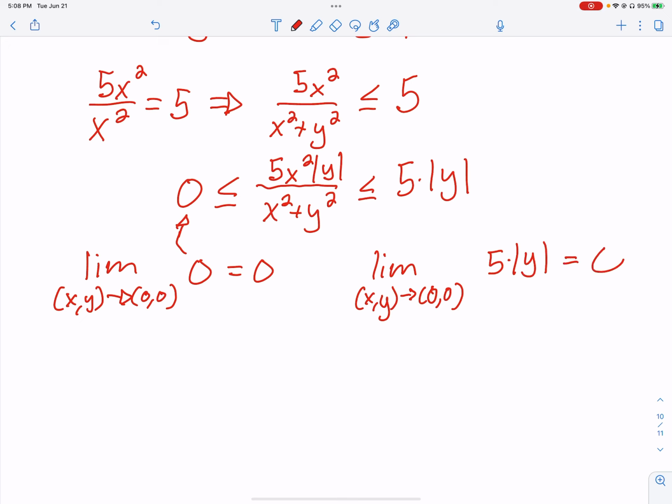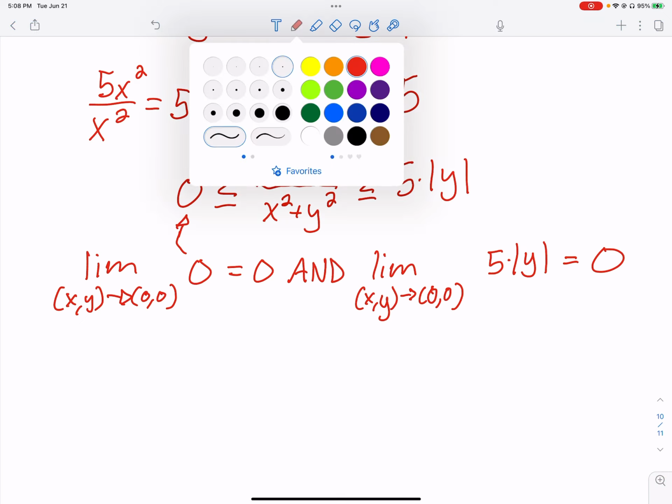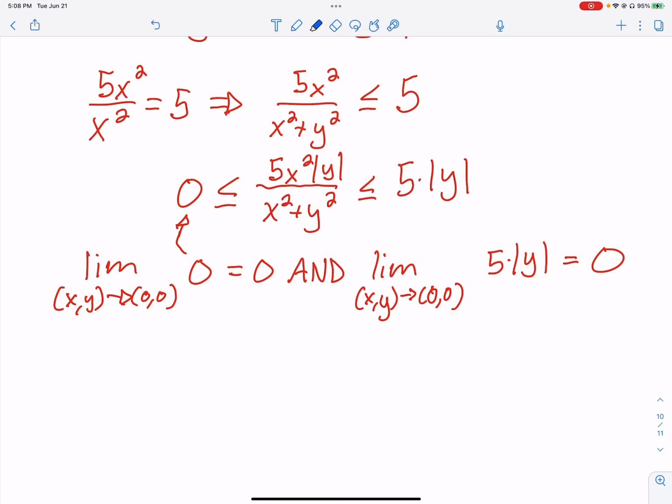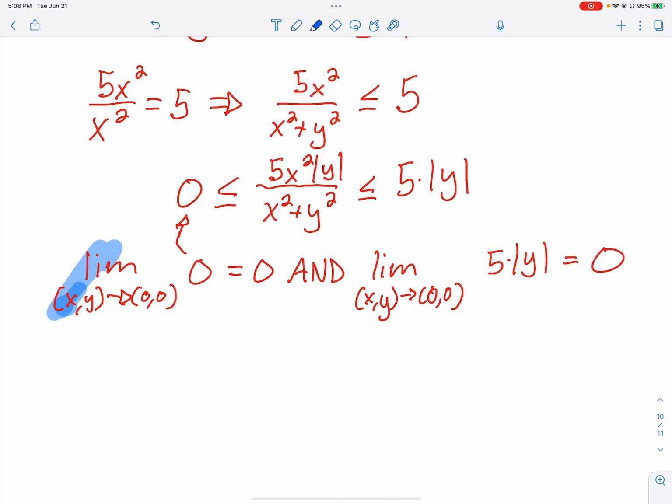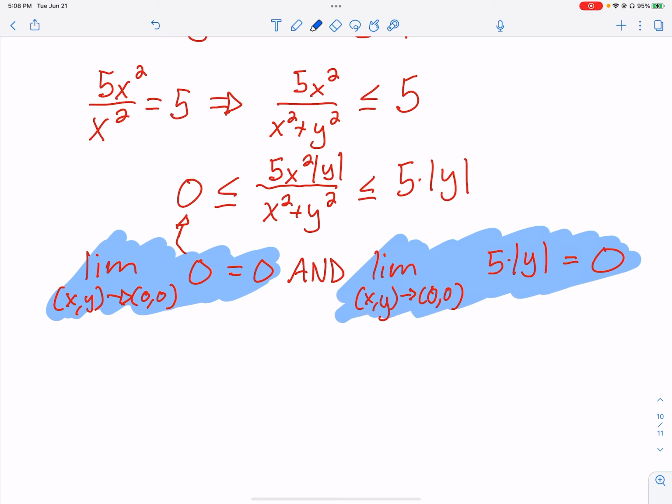Well, that's going to be 0. These are both true, right? Let's highlight these because they're going to be really important to the argument. This is equal to 0. I just wanted to make sure you can differentiate the two. There are two things happening here.